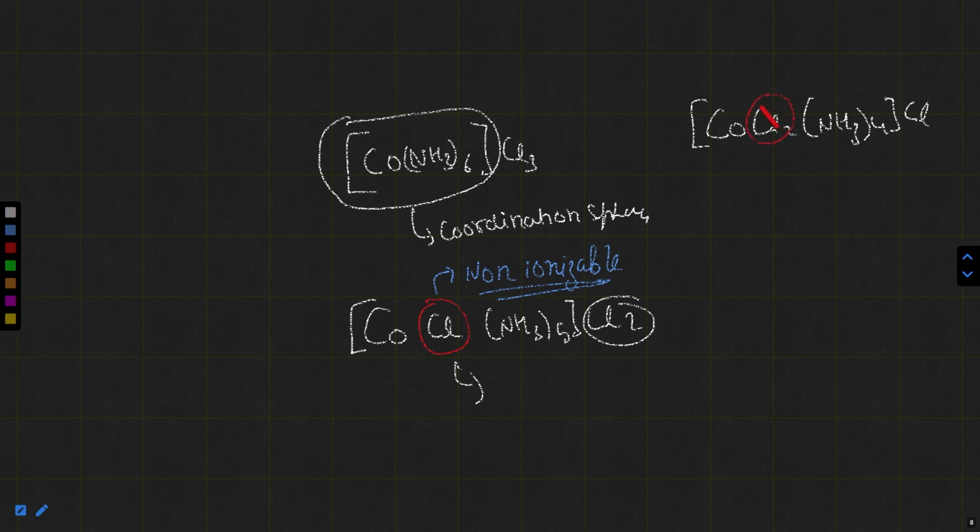These two Cls will be non-ionizable, and the one which is outside is ionizable. In this one, this one, and this one, all these three are ionizable.